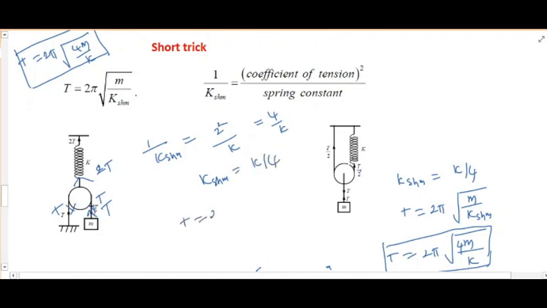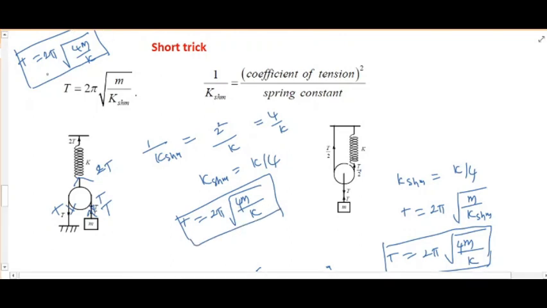Now, time period T is equal to 2 pi into square root of m by K SHM. What is K SHM? K by 4. Therefore, 4m by K. See, in 2 steps we can directly derive this time period.